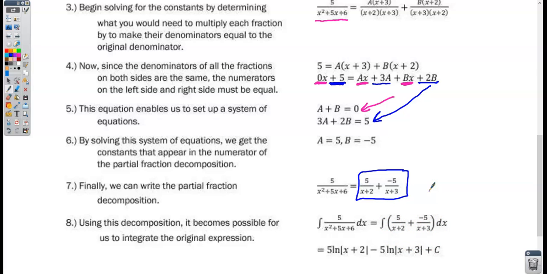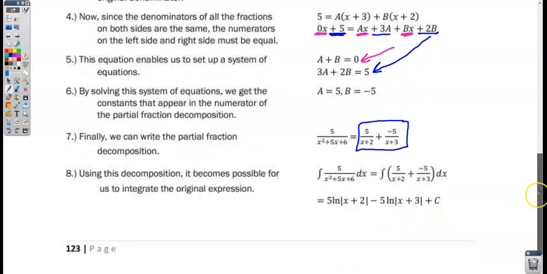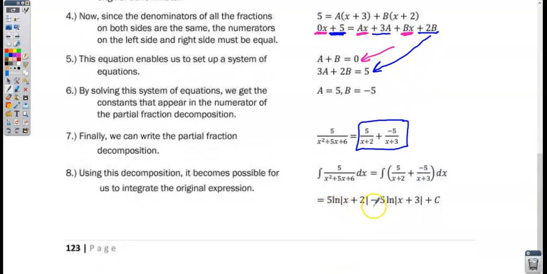And I'll tell you this from experience, the hard part of partial fraction problems usually is actually finding those constants. Once we get those constants, the integrating itself, the calculus portion, is relatively simple. We can integrate this. It gives me 5 times the natural log of the absolute value of x plus 2 minus 5 times the natural log of the absolute value of x plus 3 plus a constant.